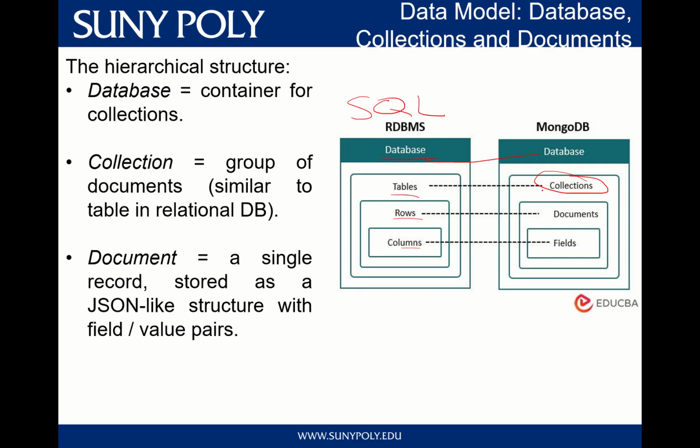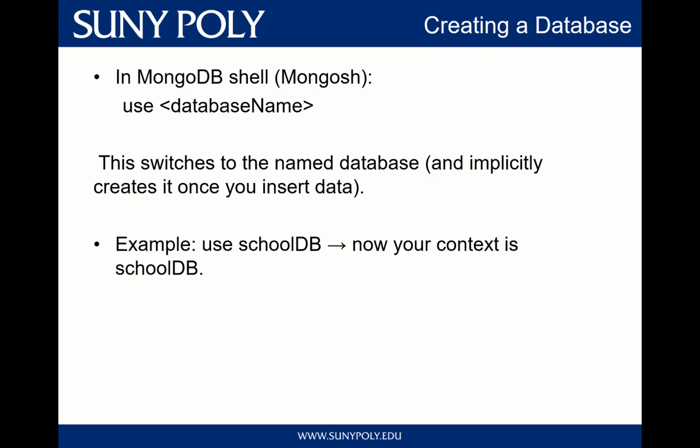And then inside the collection, we will have documents. These are the JSON-like files, objects. The documents are equivalent to the rows in a table. And instead of columns, we have fields. So that's the hierarchy that you will find in a MongoDB database. Again, instead of tables, collections. Instead of rows, documents.